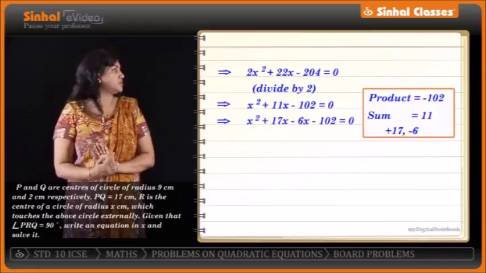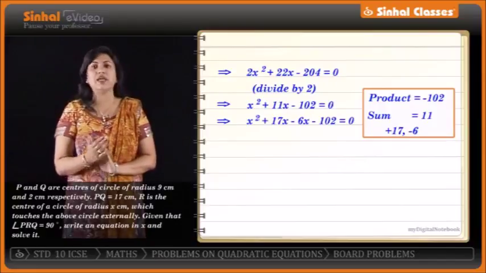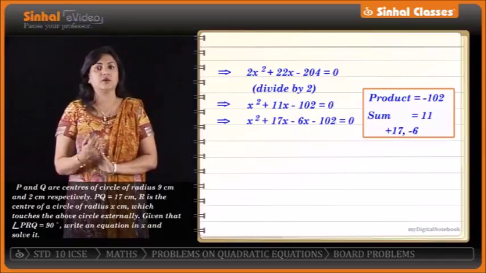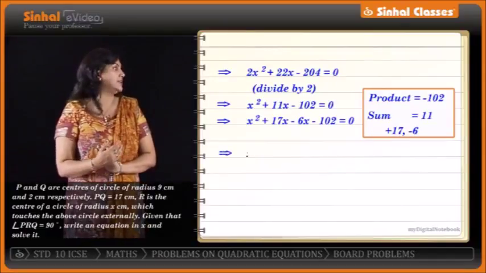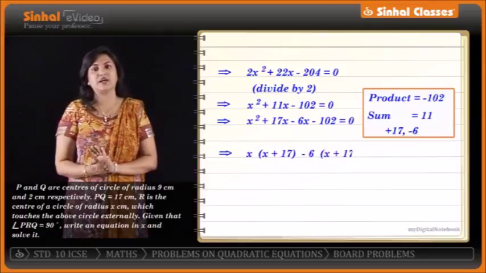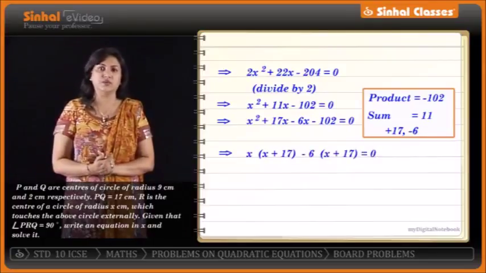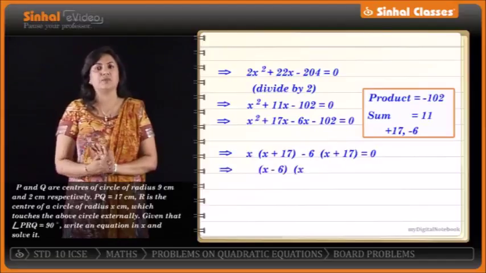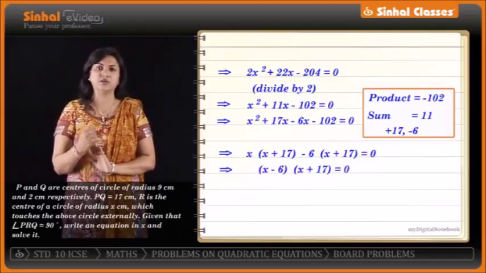Now from the first two terms x common and from the last two terms minus 6 common. So the equation becomes x into x plus 17 minus 6 into x plus 17 is equal to 0. That is x minus 6 into x plus 17 is equal to 0.